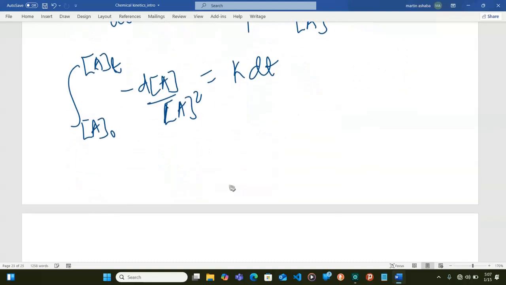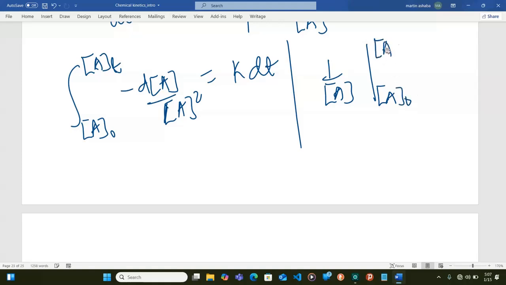So what does this mean? I'm going to just move this upwards and make it A to the power negative 2. And when I do the integration, I increase the power by 1. So something like this is going to happen. I will have 1 out of A. Okay, so we put in limits at t equal to 0 and after time t, and this is equal to kt.